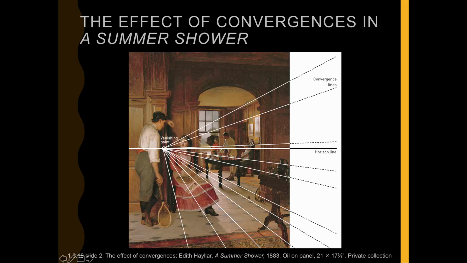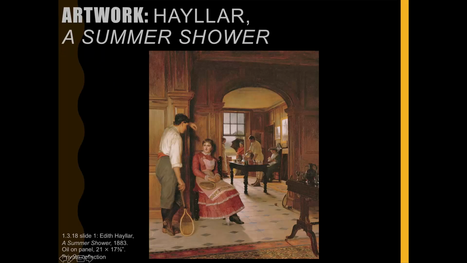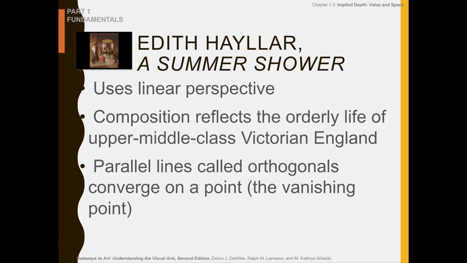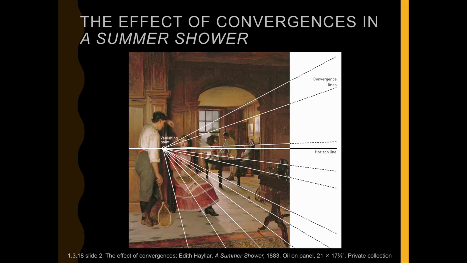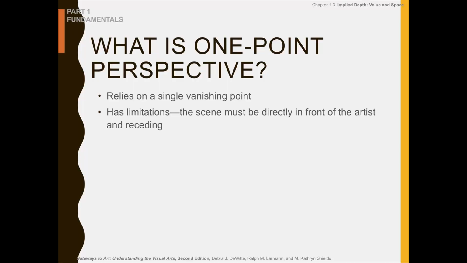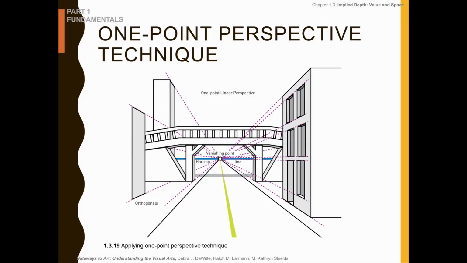All of those are going to converge to one point to create the illusion of depth, so it looks three-dimensional. And this is not too difficult to do. You could do this at home using some instructions or watching a YouTube video. It's really not that difficult.